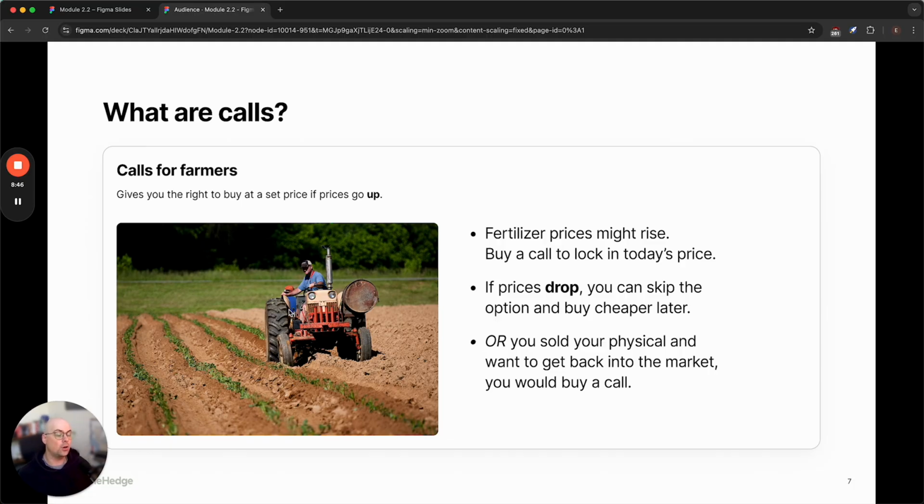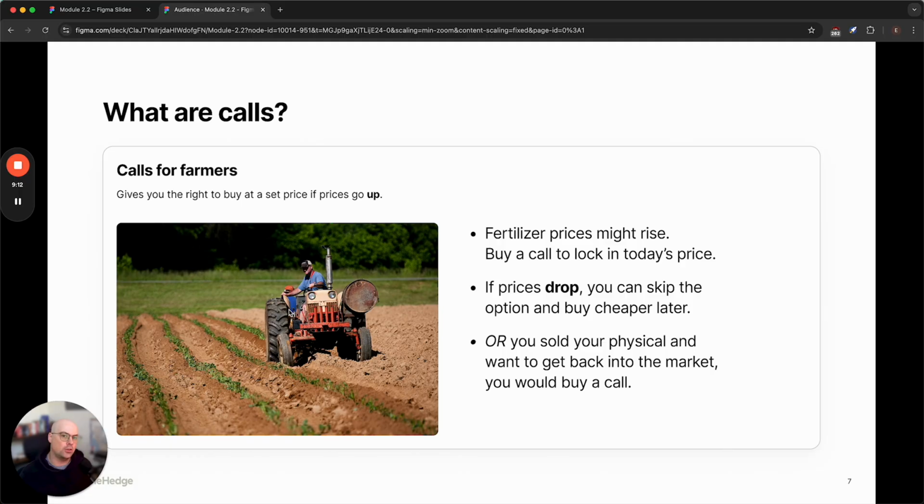Another way to use calls is you can actually sell your physical and get back into the market on paper. It's called paper replacement. So that way, if the price of futures goes up and you've already sold your grain, you can still make a little bit of extra money if your bias is bullish. Typically, calls are used as a more bullish strategy if you're buying them.